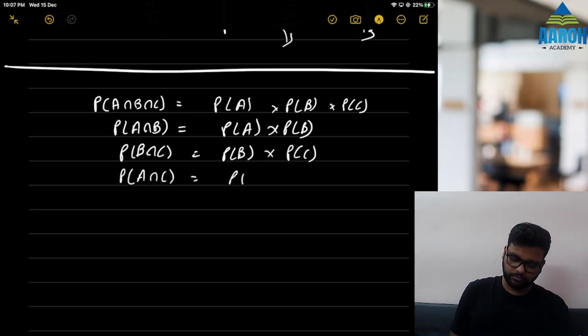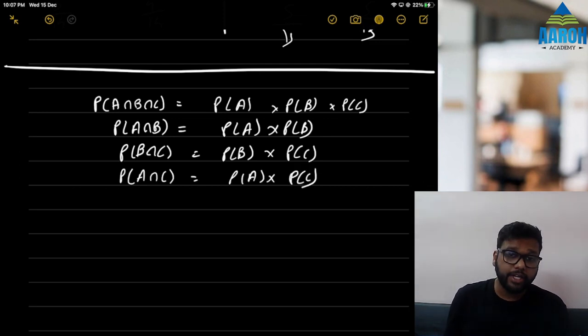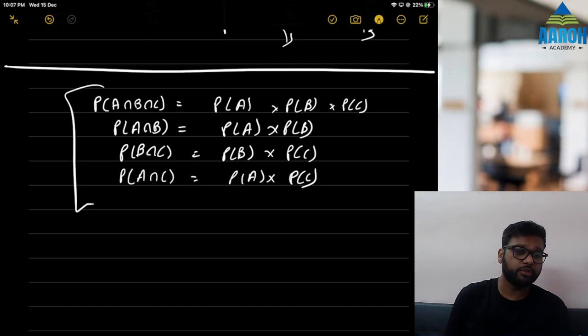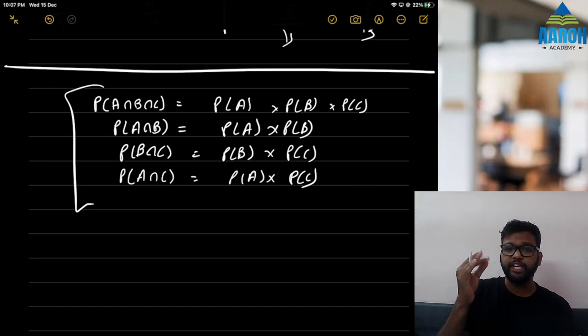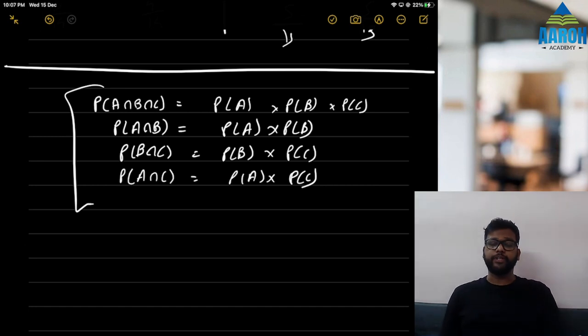P of A into P of C. Correct. So in the module there is a question: how many conditions are required to be satisfied for 3 events to be independent? There are 4 conditions that are required to be satisfied if we want 3 events A, B and C to be independent.